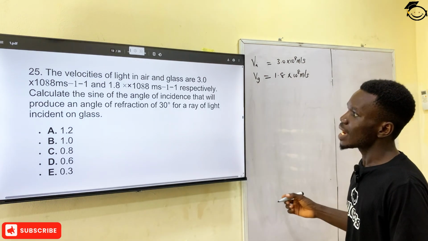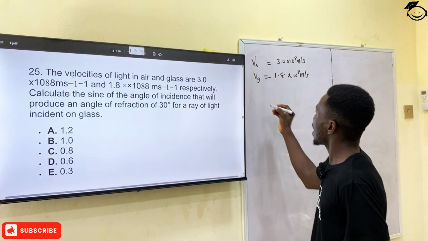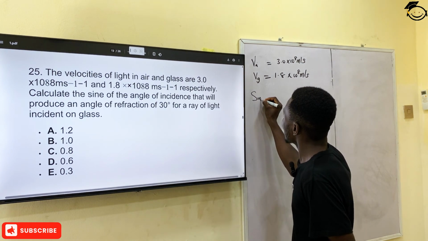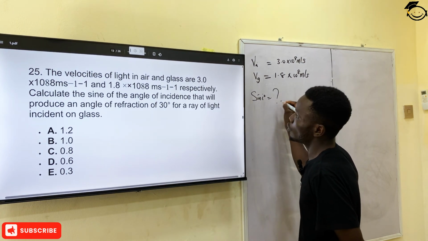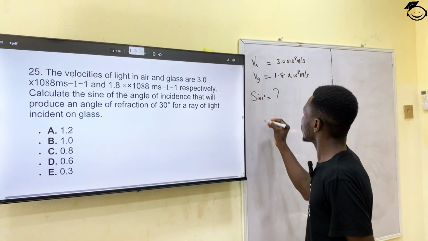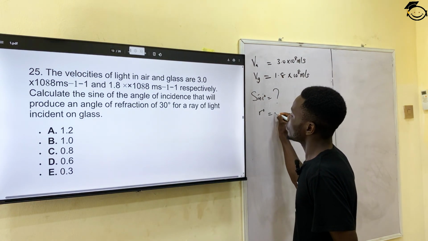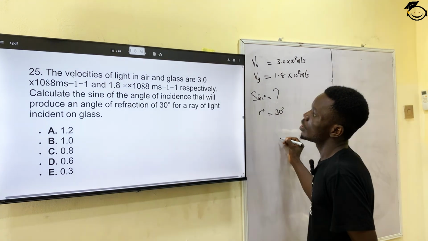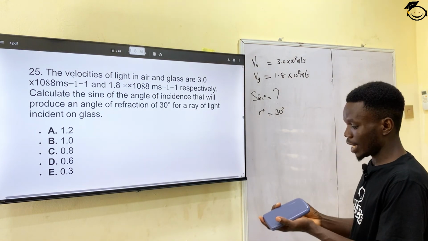Then the question says, calculate the sine of the angle of incidence. So we're looking for sine i, we do not know, that will produce an angle of refraction. So our r is given as 30 degrees for a ray of light incident on the glass.